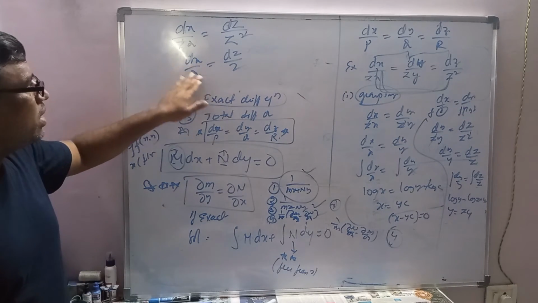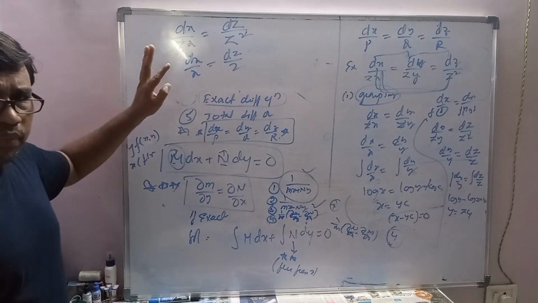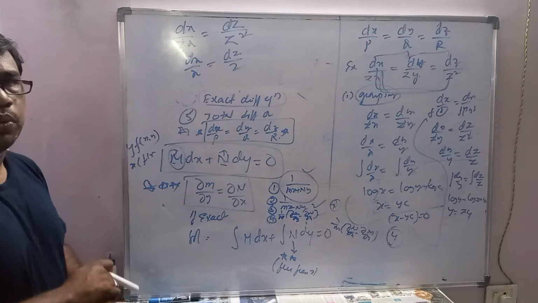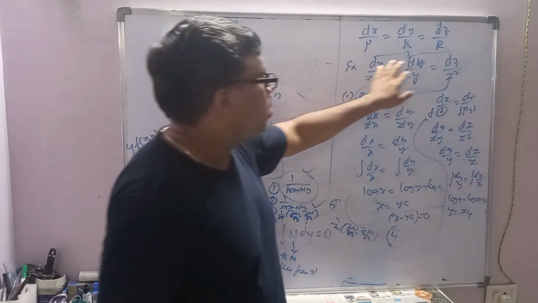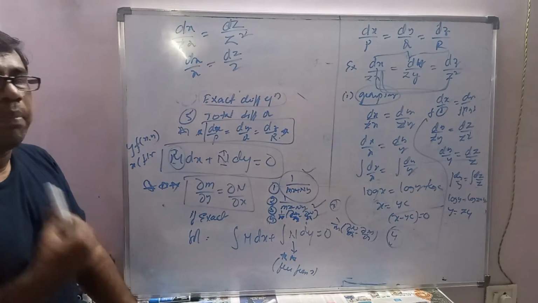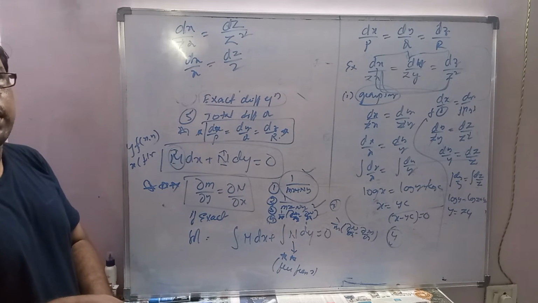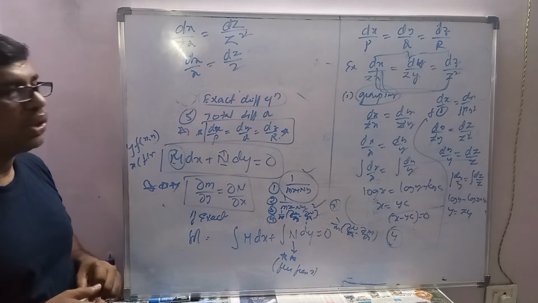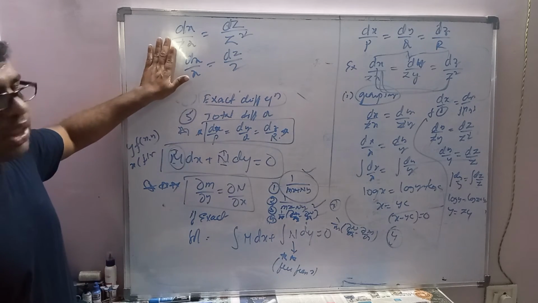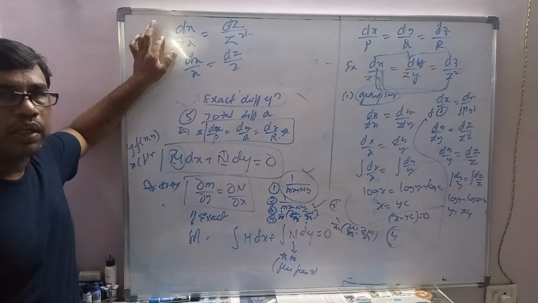Here the dx term is there, the dz term is there, and the denominators are x and z only. Therefore, we can select this group also. Any two groups: first these two, or these two, or these two. Right? This is called grouping, by which we can integrate, and those solutions are nothing but the solutions of the given differential equation. Please practice this type of problem also. It is very, very important.